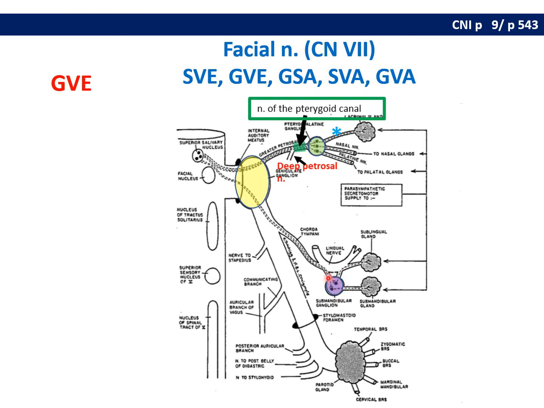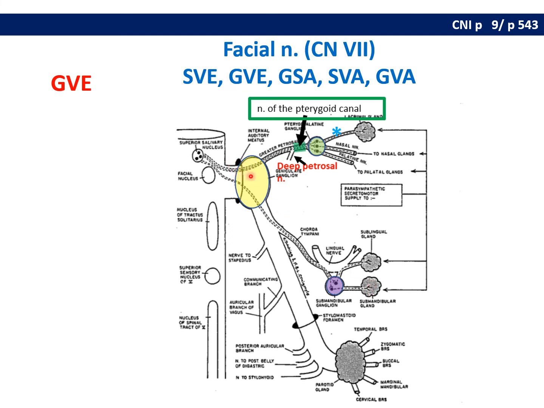There, those cells synapse, and then postganglionic parasympathetics hop back on the lingual nerve to get to the sublingual gland, or they go directly to the submandibular gland.